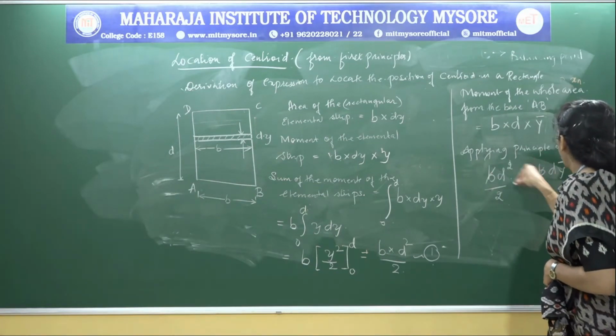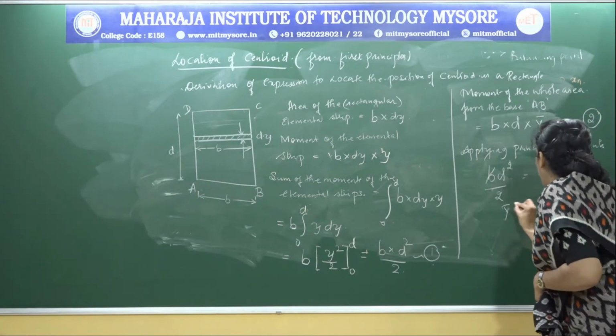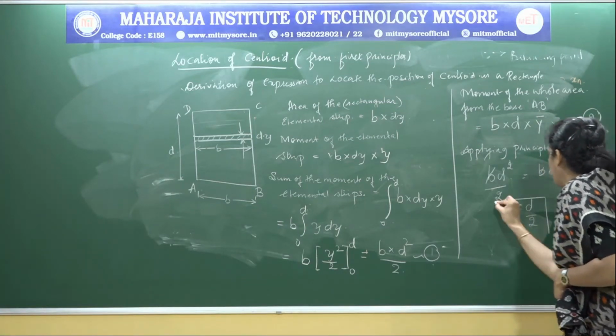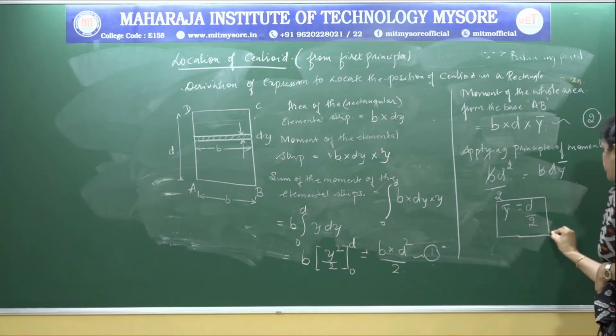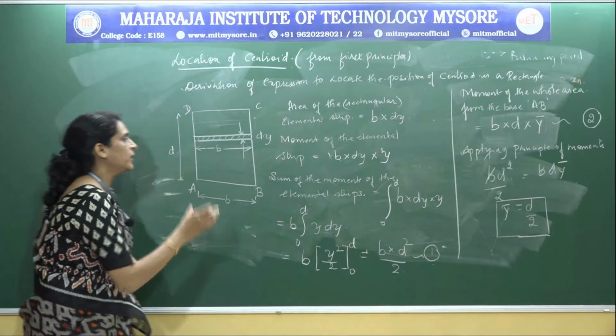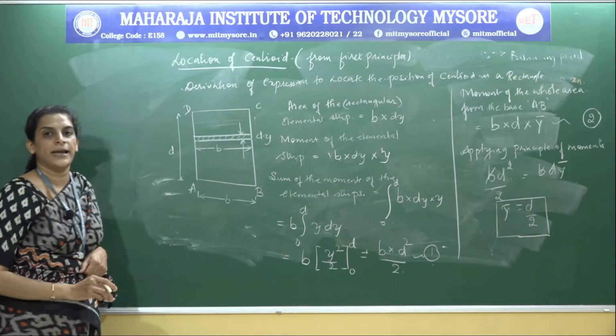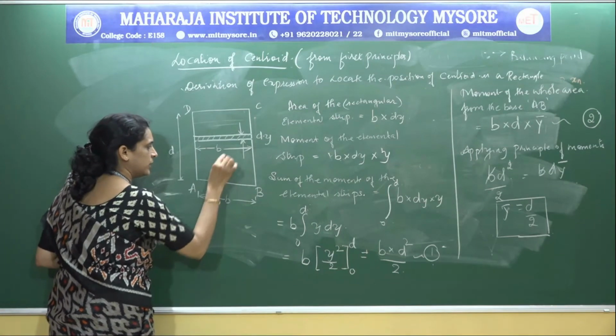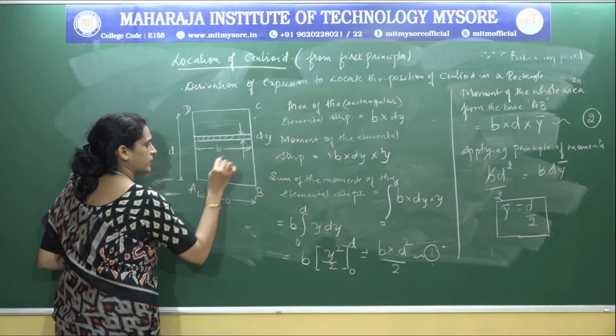So I will have y bar is equal to d by 2 upon simplification. So now where is the centroid located for this rectangular plate? At a distance of d by 2 from the base.